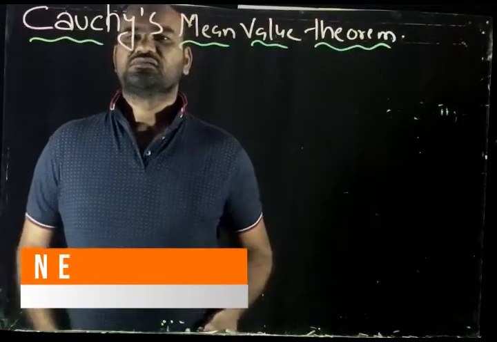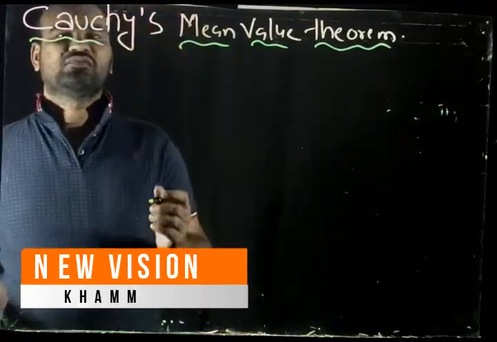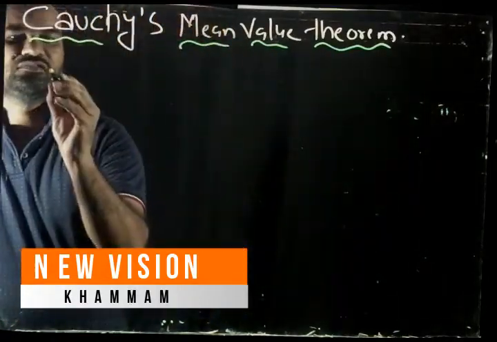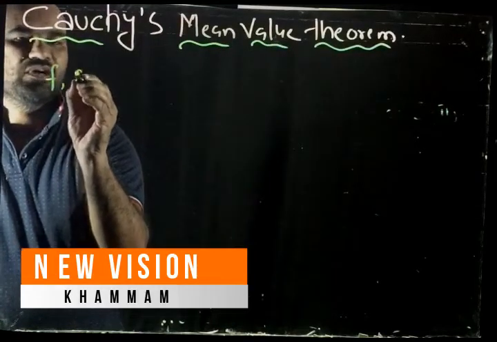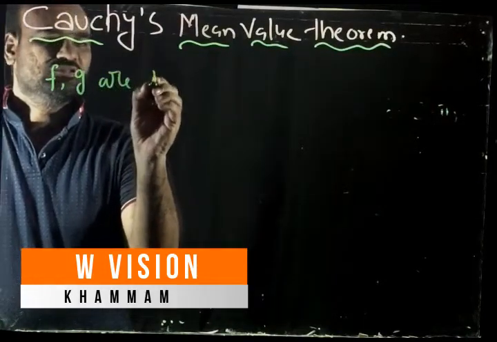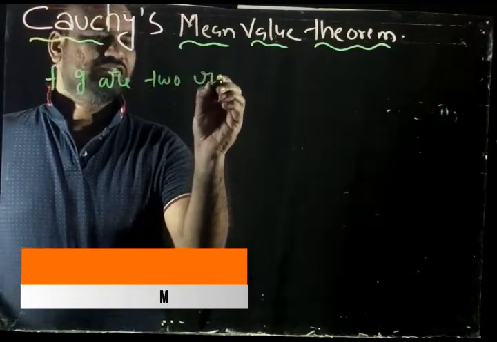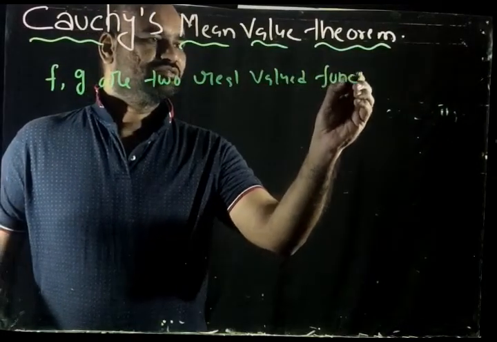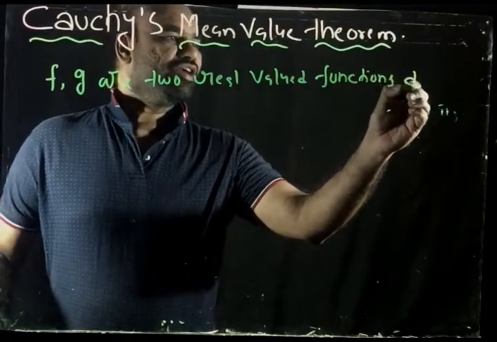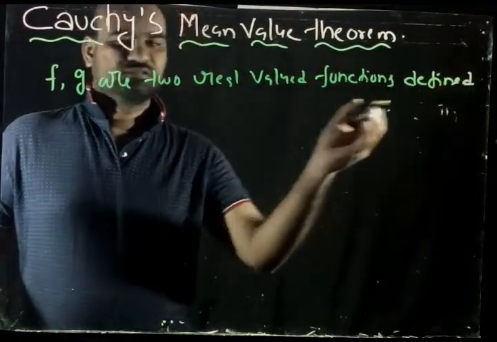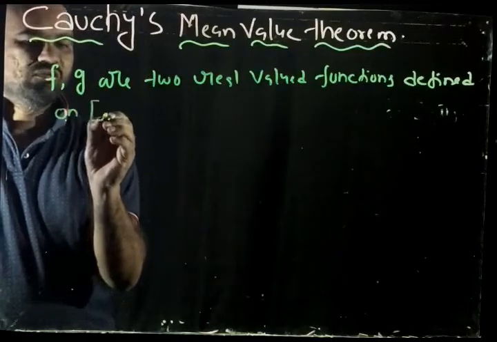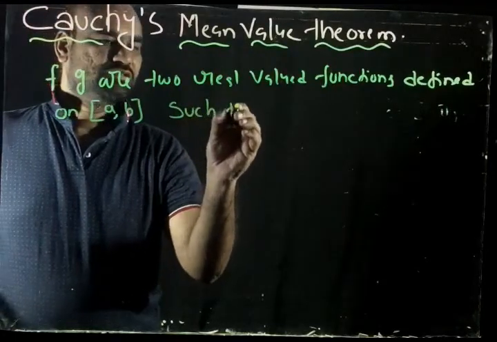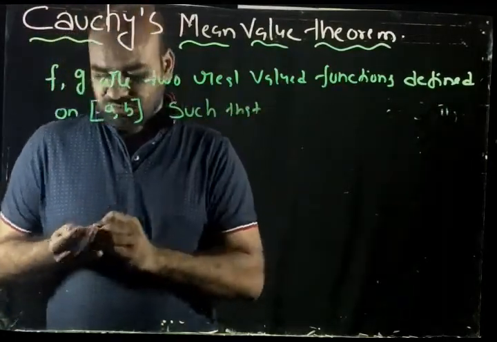Okay, good morning students. This is the last mean value theorem, Cauchy's mean value theorem. So I want to write its definition. f comma g are two real valued functions defined on closed interval a comma b such that, three conditions.